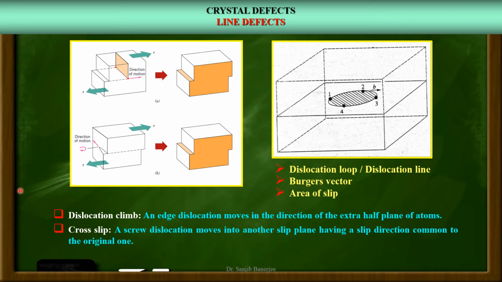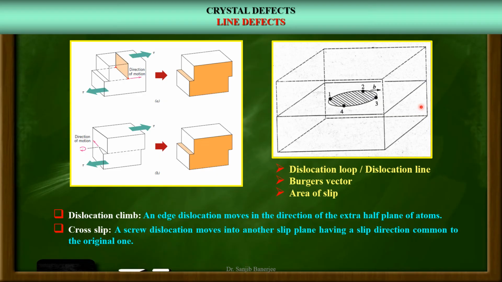Now we introduce two more parameters called the dislocation loop and the Burgers vector, which are demonstrated in this particular figure.